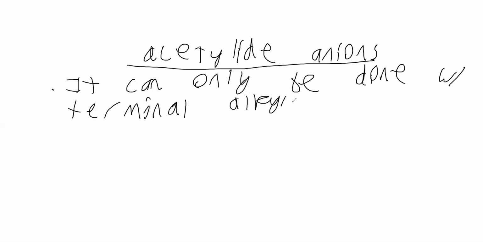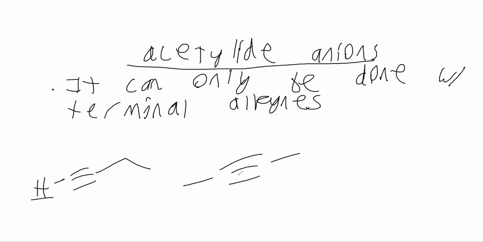And that's because there's a hydrogen on this carbon here, and what that reaction is doing is deprotonating the carbon there by taking away the hydrogen. But if we're looking at an internal alkyne, neither side of the triple bond has a hydrogen to take away, so it can't be deprotonated and you can't do that reaction, so it just doesn't work.